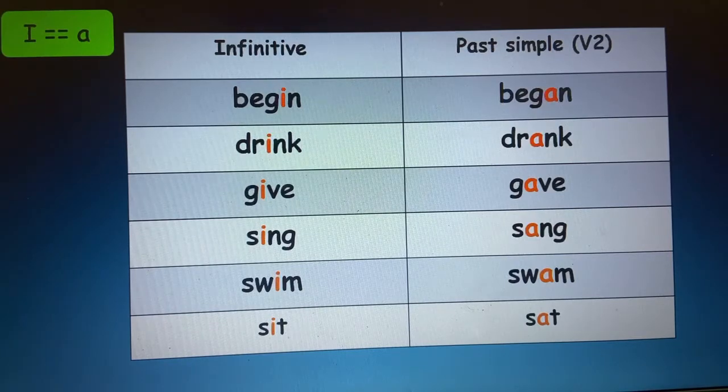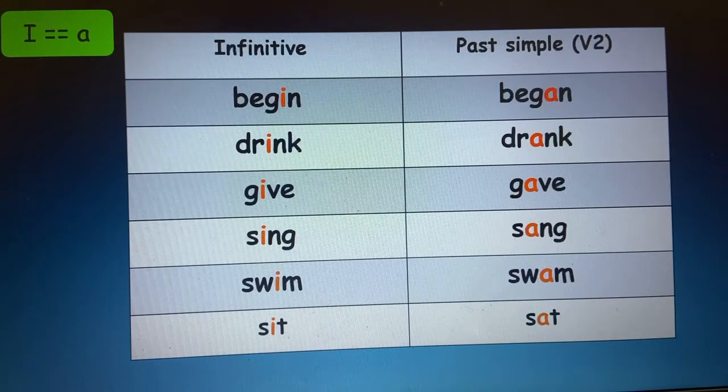When we change the letter I with A, in the infinitive form it is I, but when we change it into the past simple form it becomes A. Let's read them together. Begin, began. Drink, drank. Give, gave. Sing, sang. Swim, swam.